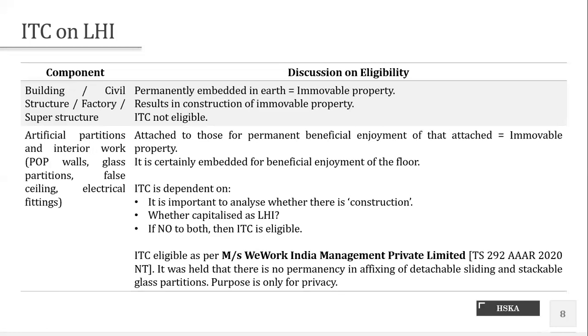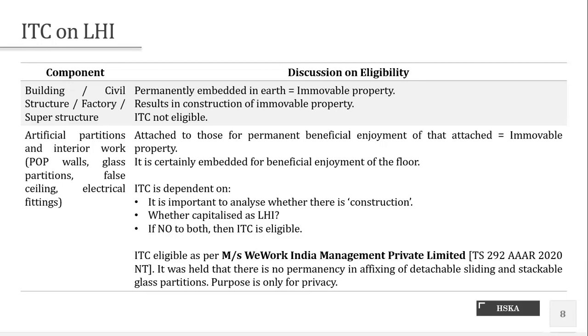Now comes the artificial partitioning or the interior works. Here we cover the POP walls, glass partitioning, false ceilings, electrical fittings. These are per se immovable property if I look from the angle that they are attached for permanent beneficial enjoyment. They are certainly embedded onto the walls of the building for its beneficial enjoyment.